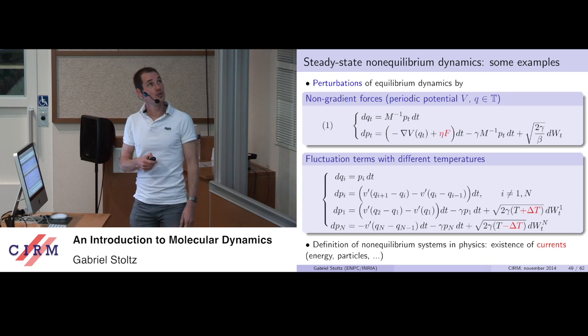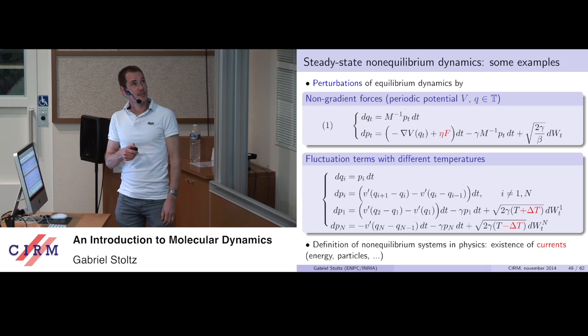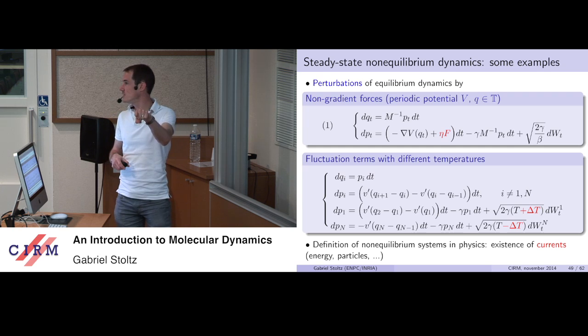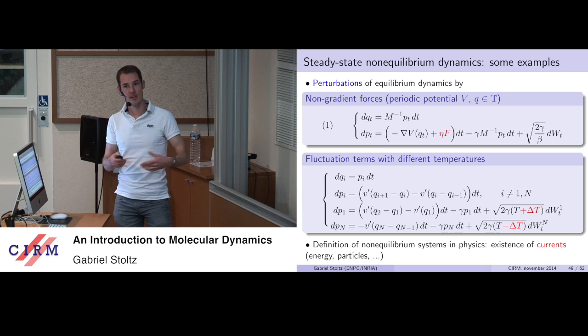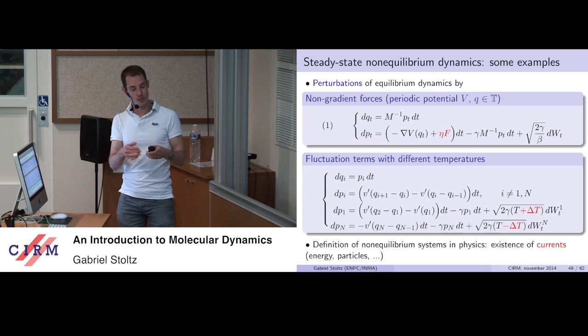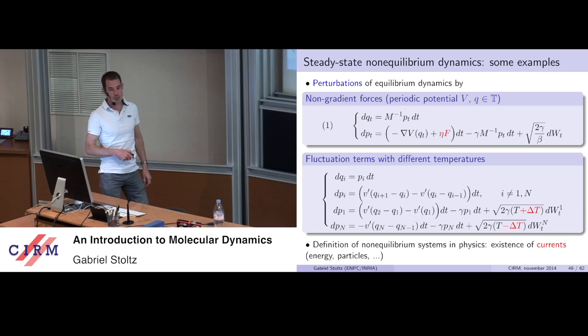And so what we want to know in this case is, depending on the magnitude of the forcing, so on the magnitude of eta, what is the average velocity in the direction in which we push the particle. So we expect more or less that the particle will move proportionally to eta with some proportionality constant, which is called the mobility. And so that's one typical thing we want to measure.